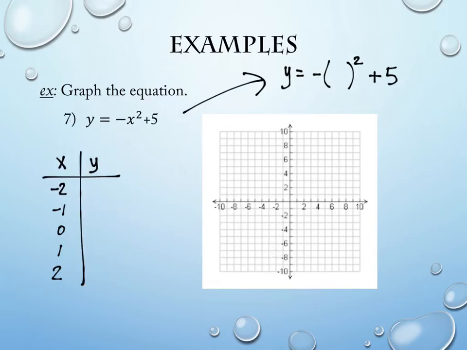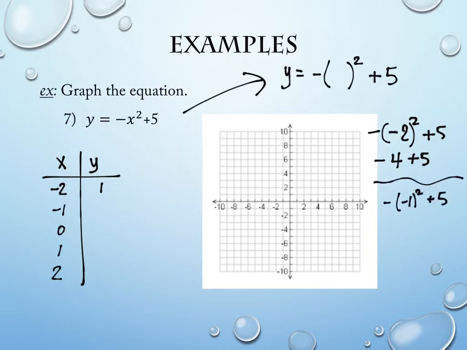So if we were doing it from scratch, what is -2 squared? 4. I'll actually write a few of these down at the beginning. -2 squared is 4. I have a negative on the 4, so now it's -4. And if I take -4 and add 5, I get 1. -1 squared is 1, with the negative in front makes it -1.